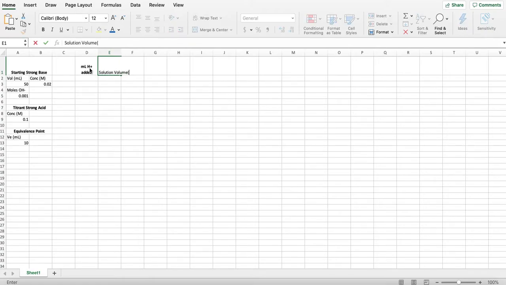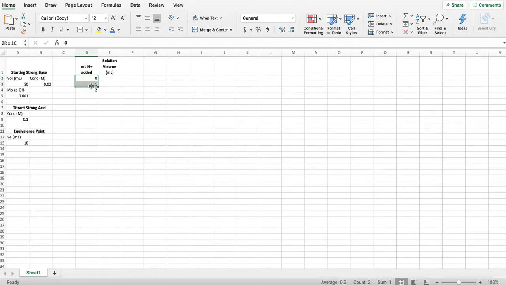Just trying to think about all the things that we're going to need to know when we do this, right? Basically, we're going to start with acid added, and for now we can just go by 1 milliliter at a time. By the way, if you type in 3 numbers and then highlight all 3, you can drag the corner.